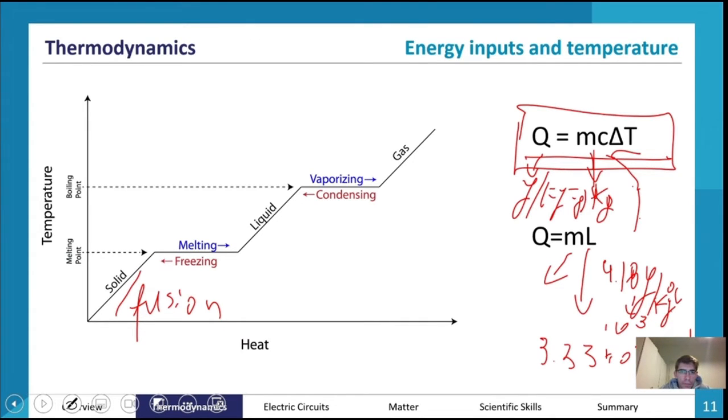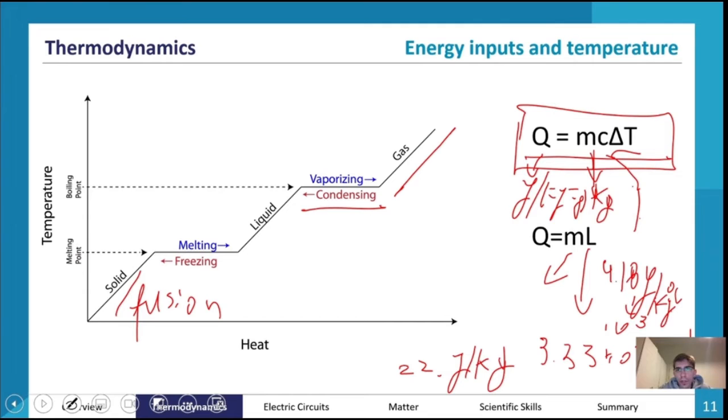And the latent heat of vaporization, I think it's like 5 times that, around 22 point something joules per kilogram. And then gas obviously has a different specific heat capacity.